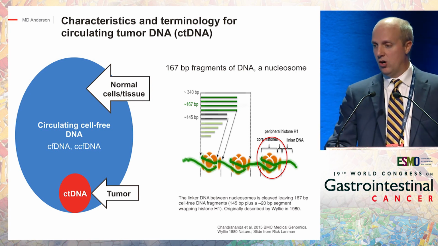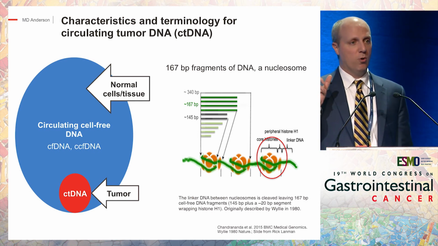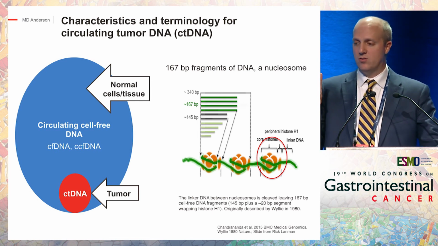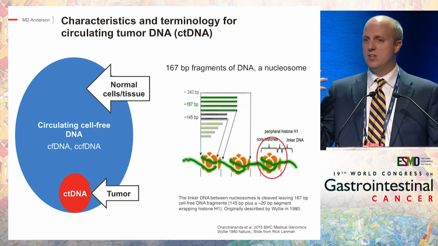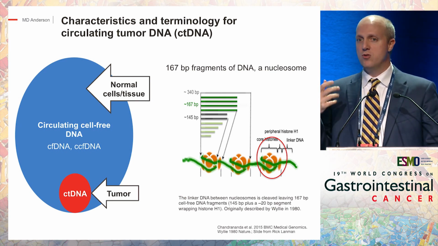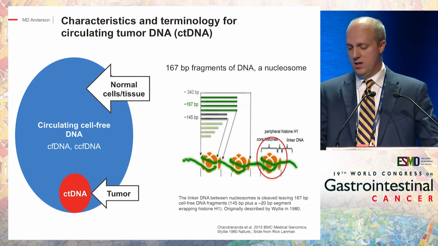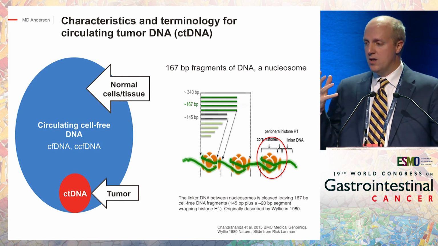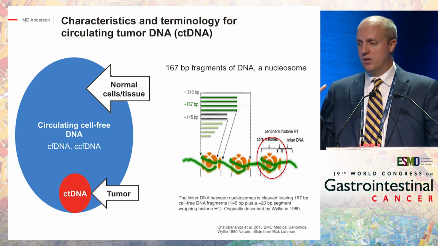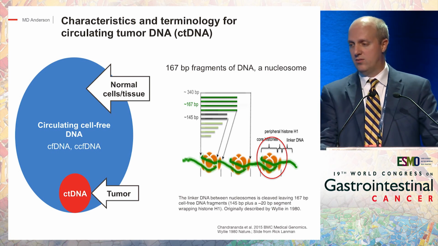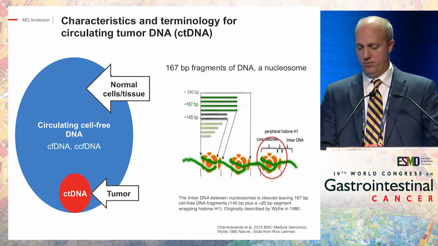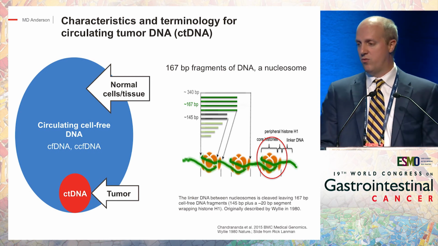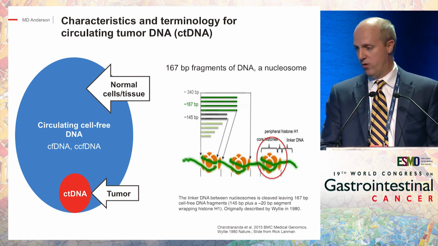Now, these are usually fairly small fragments, somewhere between 150 to 200 base pairs, and this is because the DNA is exposed in the environment to a lot of enzymatic degradation. But when it's wrapped around the nucleosome, then it's protected. And as a result, you end up with a large number of these fairly defined fragment lengths.